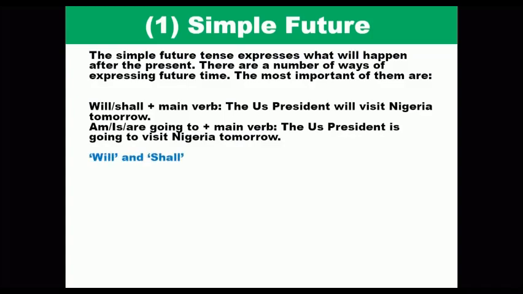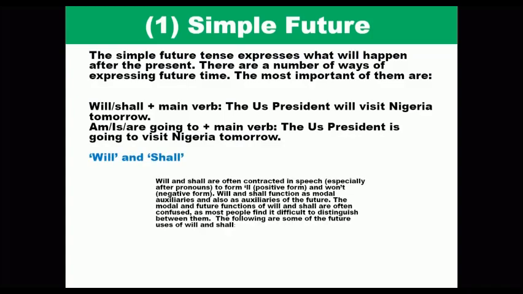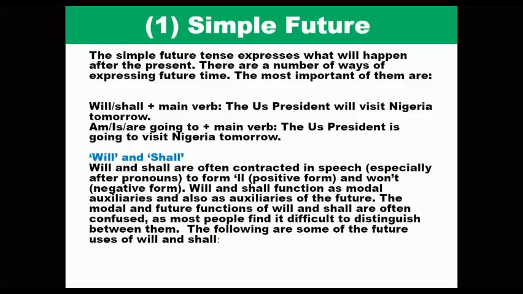So let's look at will and shall as those helping verbs that we can use in talking about the future. Will and shall are often contracted in speech, especially after pronouns, to form 'll. That is the positive form of will, and won't, the negative form of will.